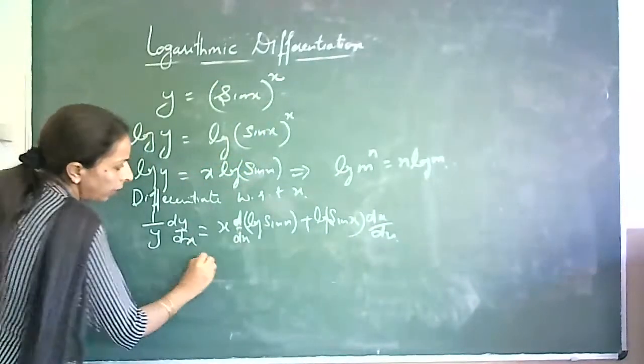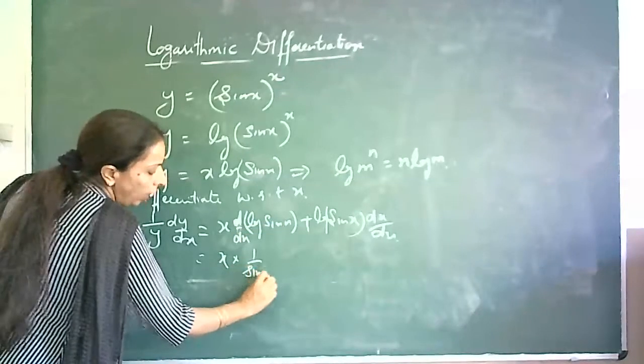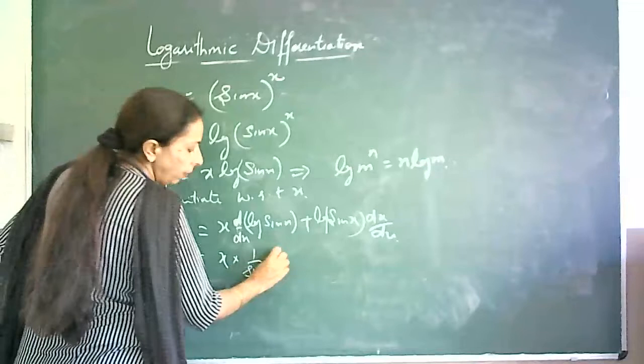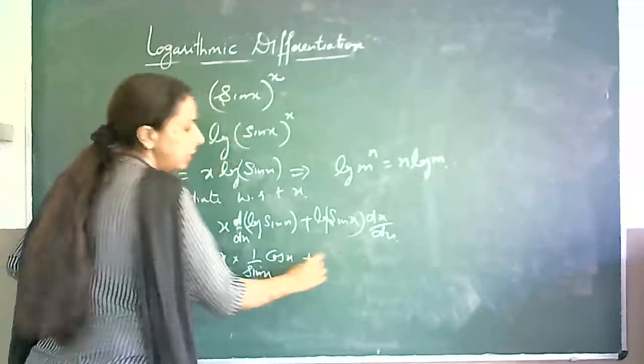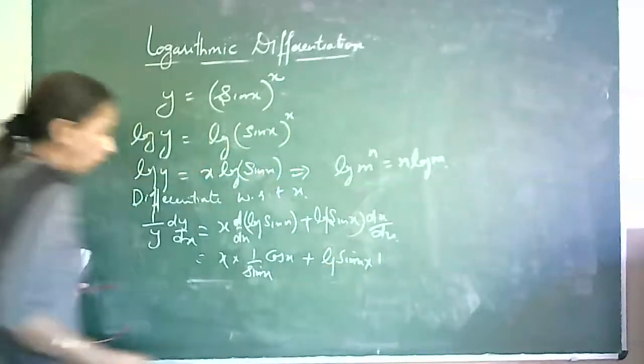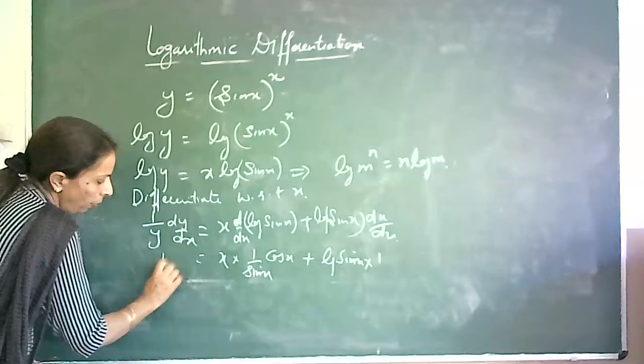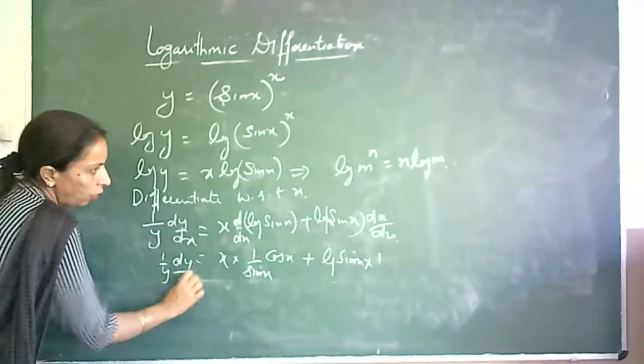So I have x, derivative of log sine x is 1 by sine x, and again derivative of sine will be cos x, plus log sine x as it is into 1. Alright children, so we have 1 upon y dy by dx is equal to this one.